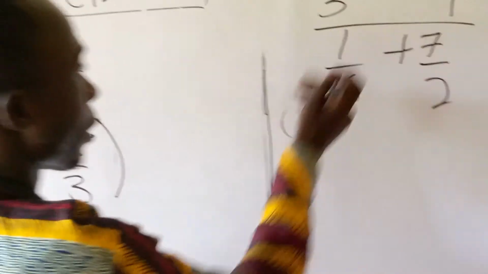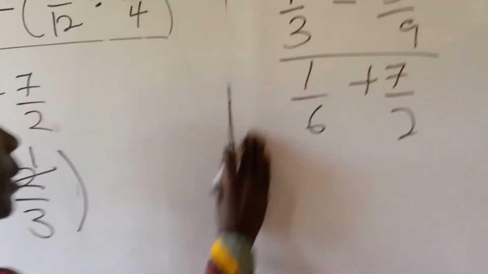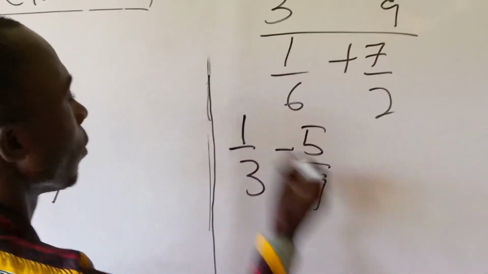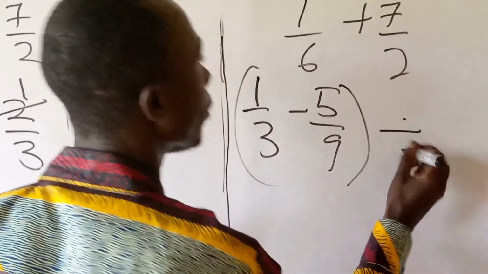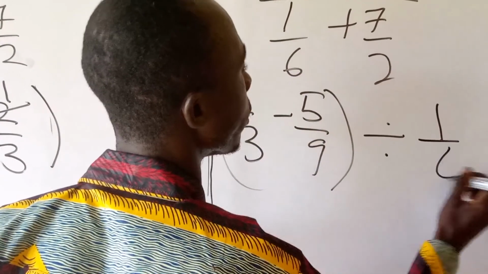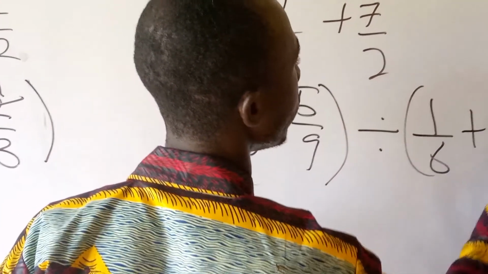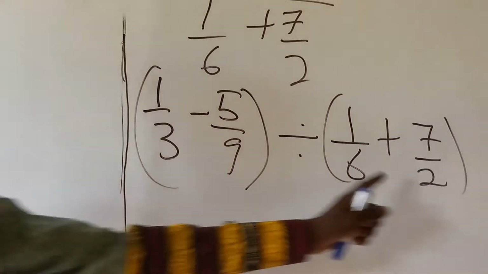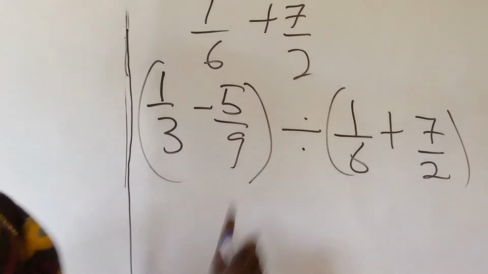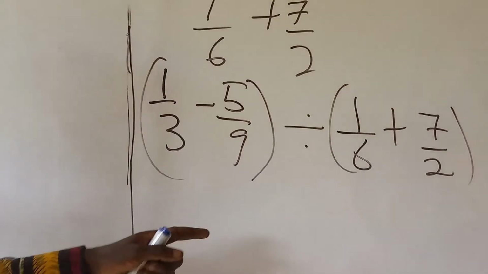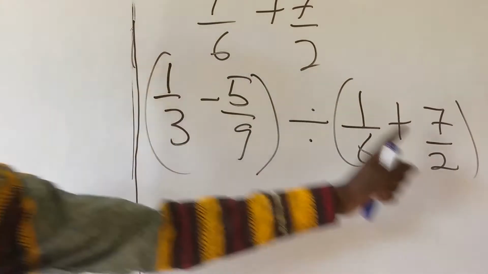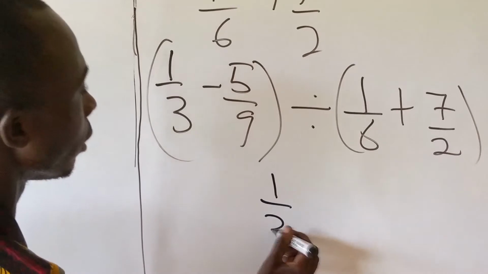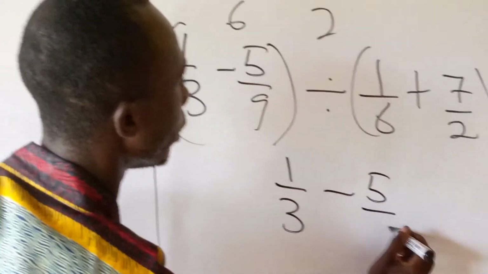Once we are having this, we will write the question as 1/3 minus 5/9 divided by, this is our division sign, 1/6 plus 7/2. We work out the brackets, each one, even though we are having subtraction and what? Addition. So let's work out this bracket, 1/3 minus 5/9.